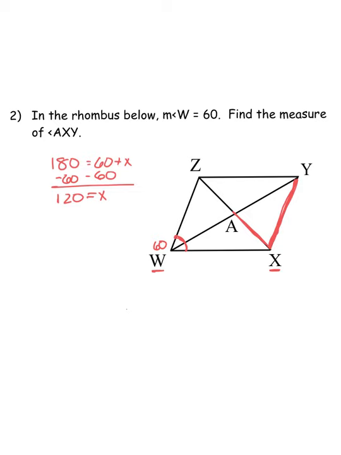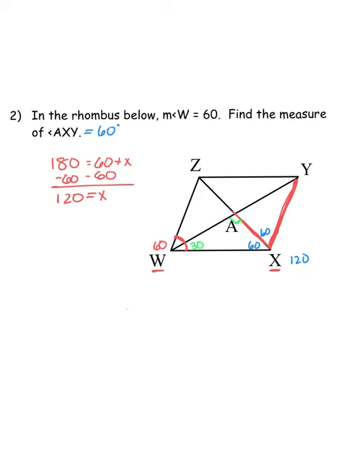Because it's a rhombus and we have a diagonal, this is 120. Each of them, we're going to cut it in half, is 60 and 60. So angle AXY equals 60 degrees. Another option to do this same exact question, you could have said since W is 60, that means this is 30. Since it's a rhombus, this is 90.